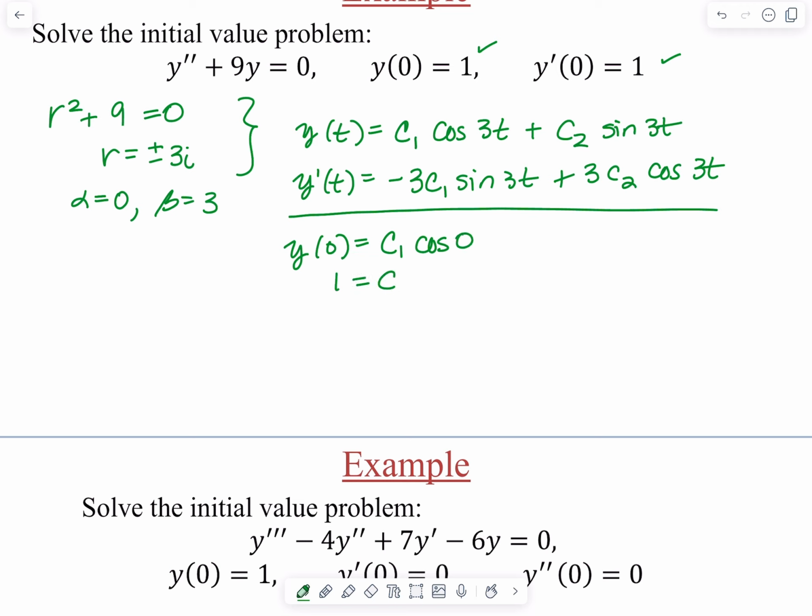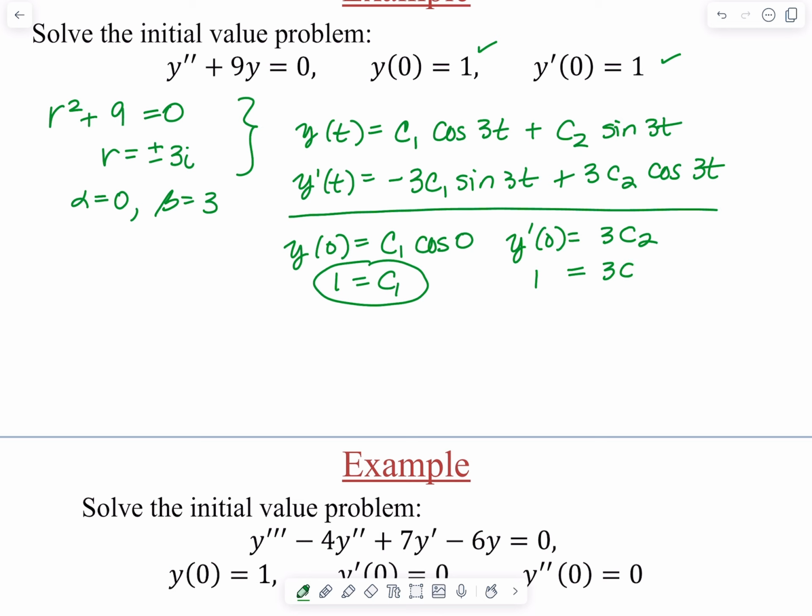So 1 has to be equal to c1. And then we have y prime of 0, which is also equal to 1. And that's going to be equal to 3c2.